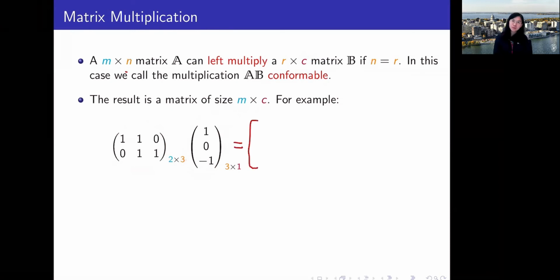To obtain the first element, first row, first column of the product matrix, we're going to take the first row of the matrix on the left and multiply it to the first column of the matrix on the right. We take that and multiply it to this.